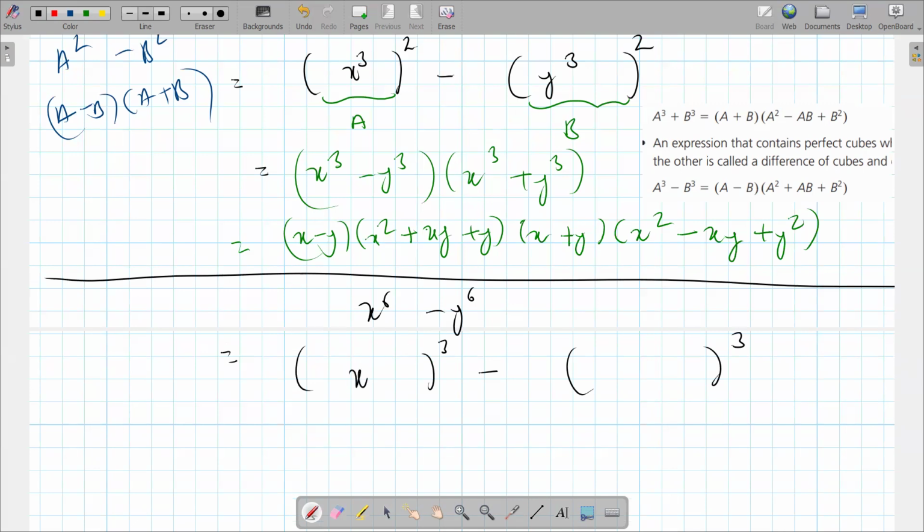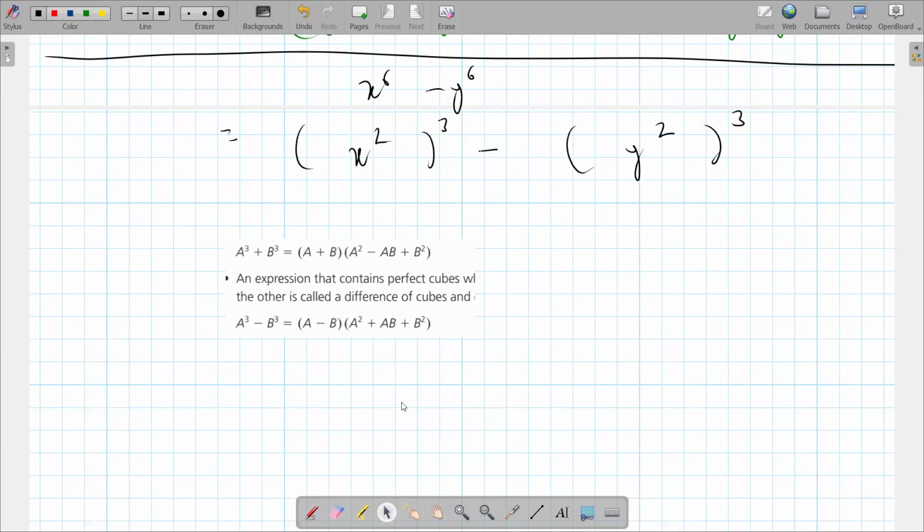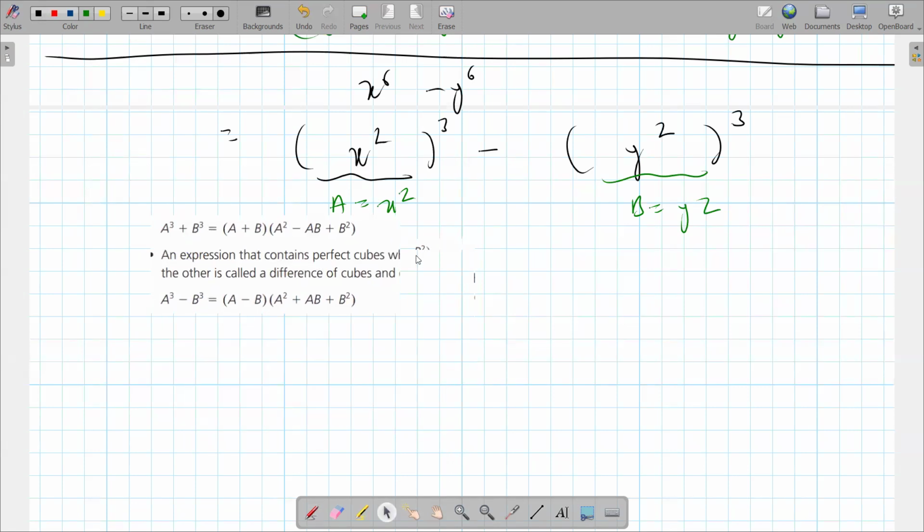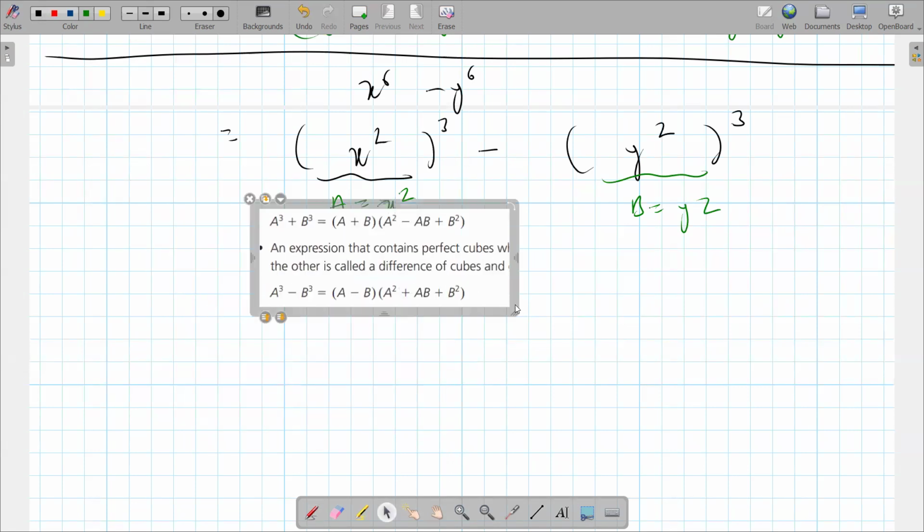Yes, x squared and y squared. Now I'm going to use this formula here to expand these. It's going to be a little bit tricky. So your a, just to make sure, a is x squared and your b is y squared. Keep this in mind. And now we're going to use the second formula here to expand this.